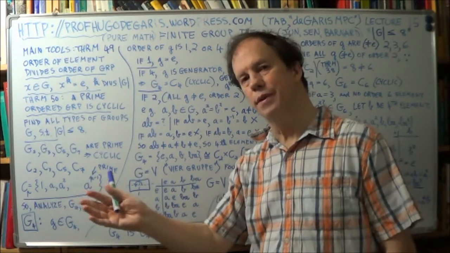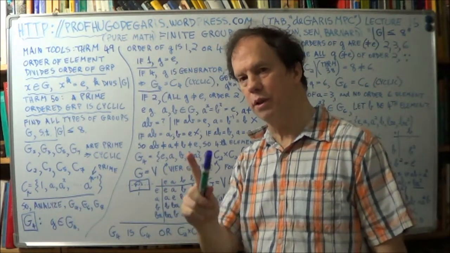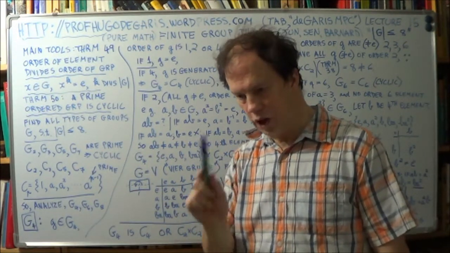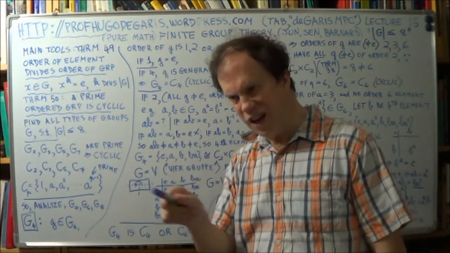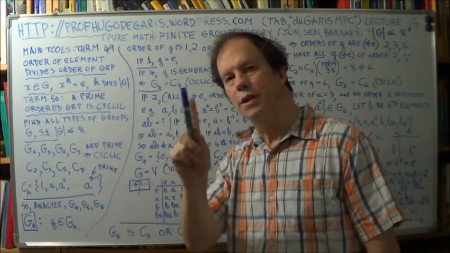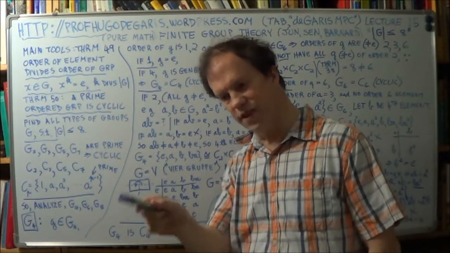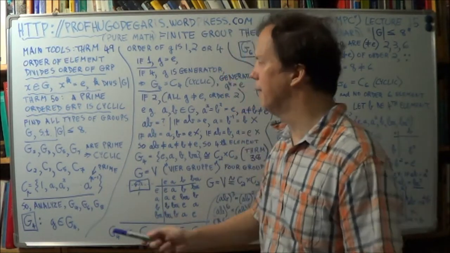Now there may be others. Now if n is prime, there are no others. But for general n, there will always be at least one group of that order, and that's the cyclic group, Cn.